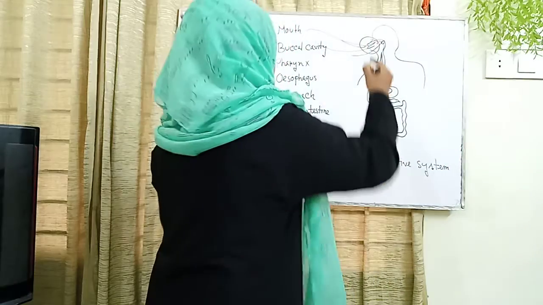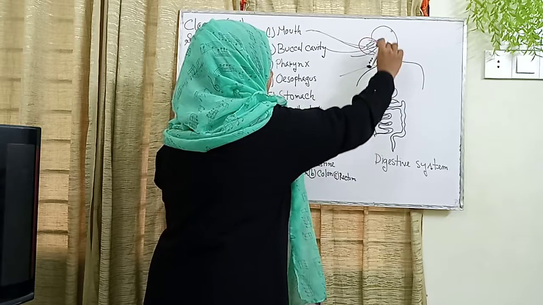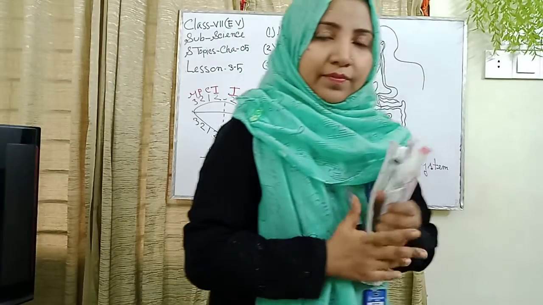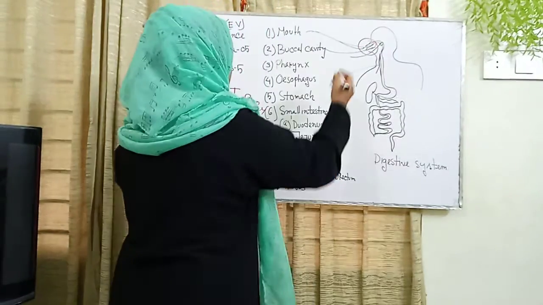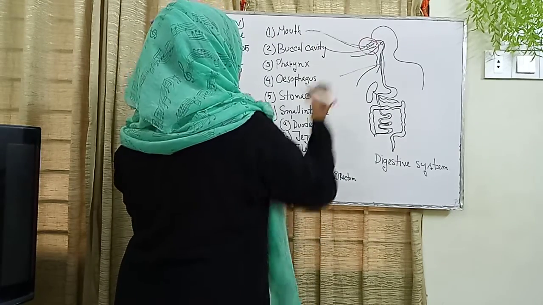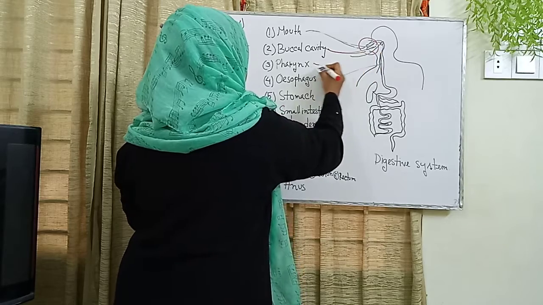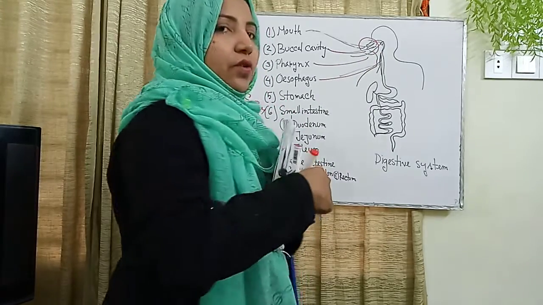First structure is the buccal cavity, another is the oesophagus, and there is also the pharynx. Fourth structure is the oesophagus, which I also draw. First is mouth, second is buccal cavity, third is pharynx. Now fourth is oesophagus. What is the oesophagus?